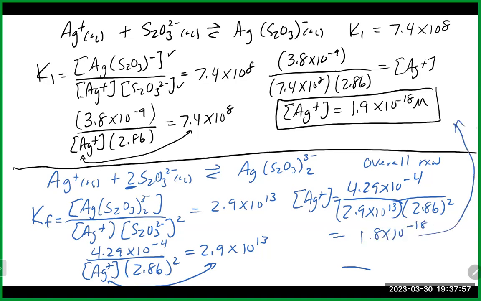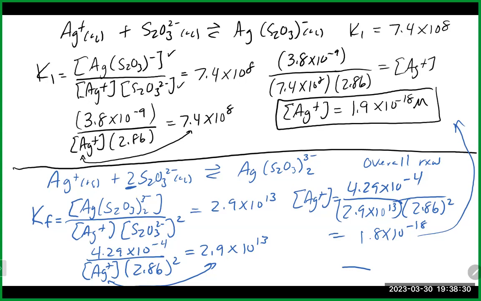So we do end up with pretty much the same number by going in that direction first, probably because I rounded the 2.9. So you could do the end part first, and with the overall reaction get the silver at this point. You then could go into K1 and get the same answer. Again, just a little different with the rounding, but pretty much the same number.